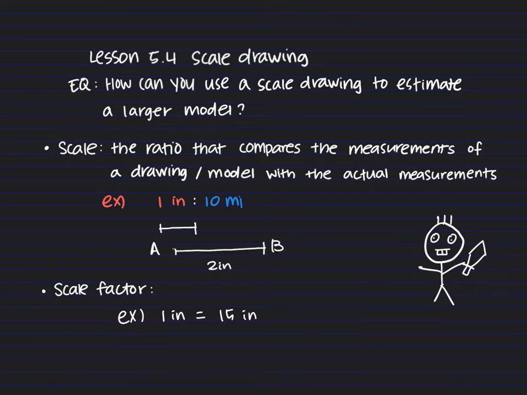Then instead of writing inches and inches, you can just write the numbers, and they are called the scale factor. So instead of writing 1 inch equals 15 inches, you are going to put 1 to 15, and that will represent the scale factor. And you can only do that when you have the same unit.